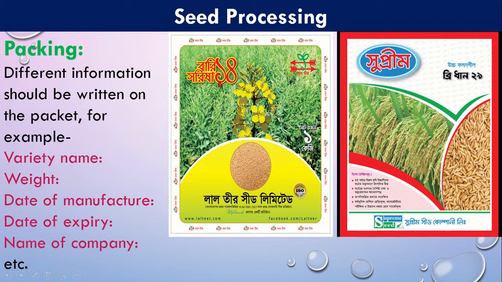If you have a look, Bari Shorisha 14, this is the variety name. And here you can see on the opposite side, weight 1 kilo, this is the manufacturing date, everything is here. So the wise decision is to buy the seed when the proper packing is done. Do not buy fake seed or bad seed.